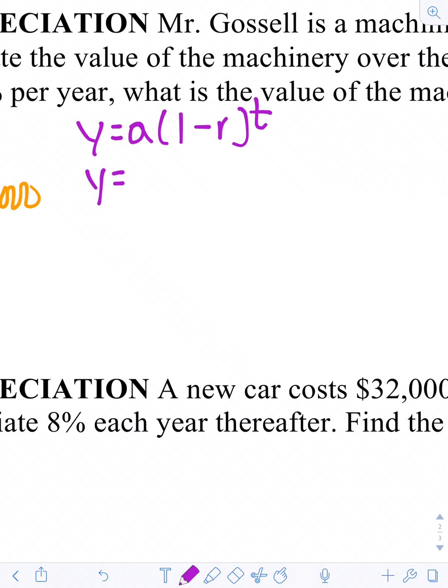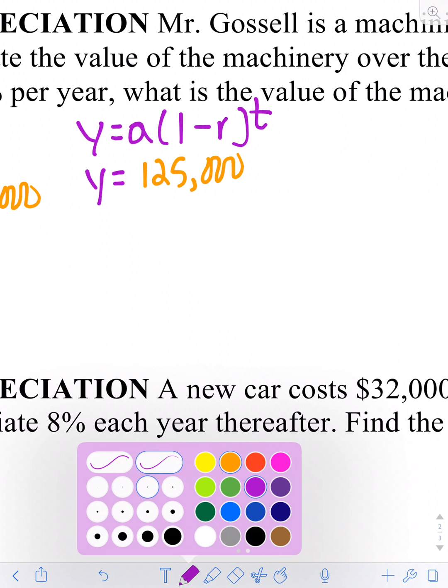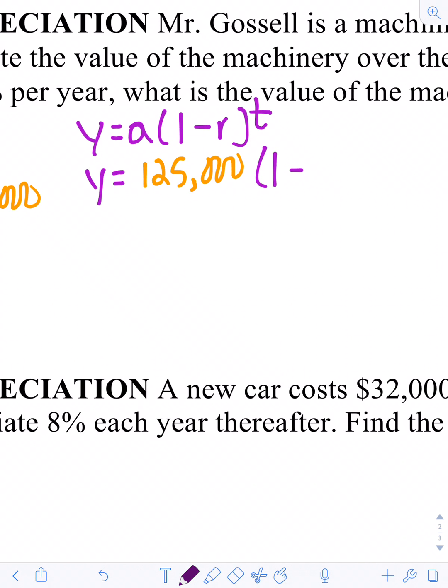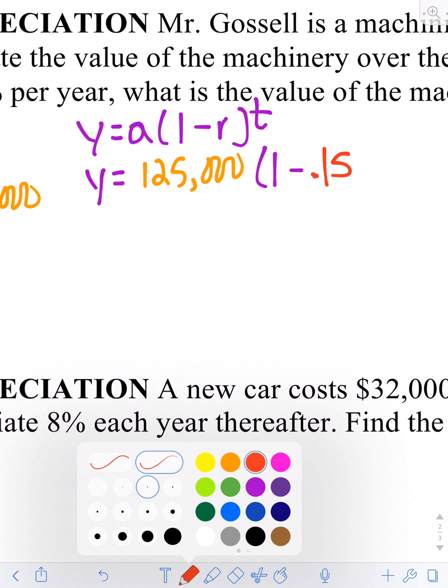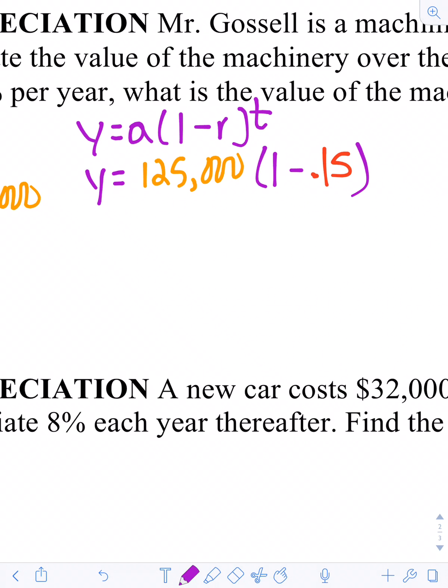So y is equal to, my initial value was 125,000, times 1 minus my rate, which was 0.15, and then that's to the power of 10, because that's how many years I have.